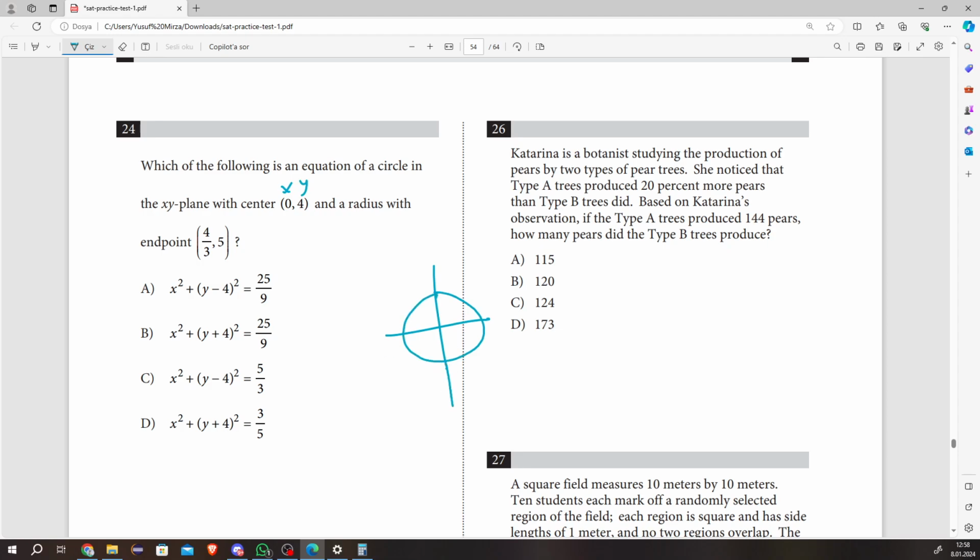The equation, we are seeking for the equation, and maybe you don't know, it is the equation of a circle, and it says the origin point.